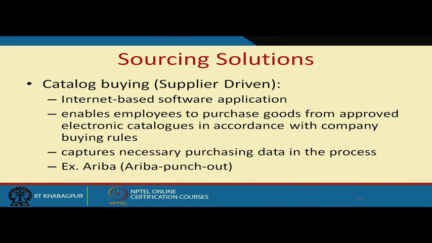Catalog buying is an internet based software application which enables employees across the organization to purchase goods from approved electronic catalogs in accordance with a company's buying rules. Some of the purchase department managers might be empowered and given a purchasing card to buy items from this approved set of catalogs.